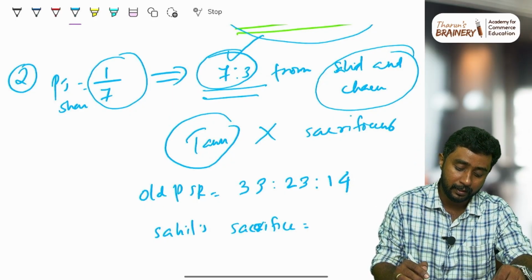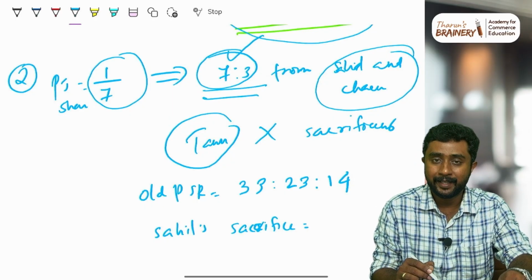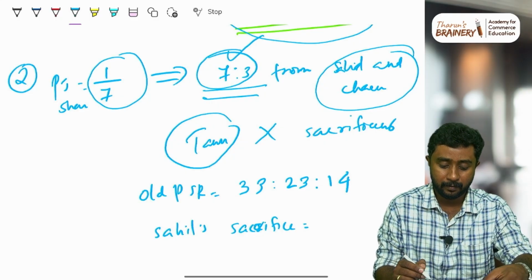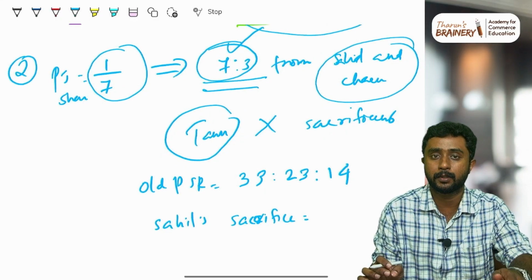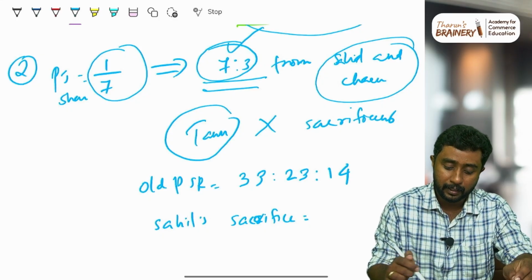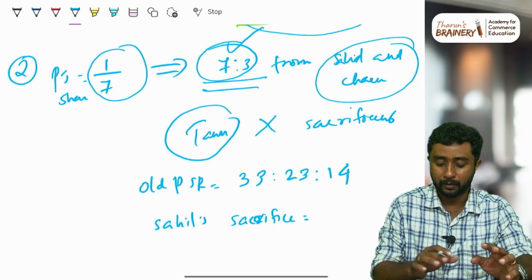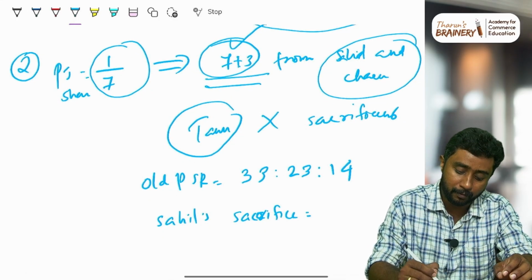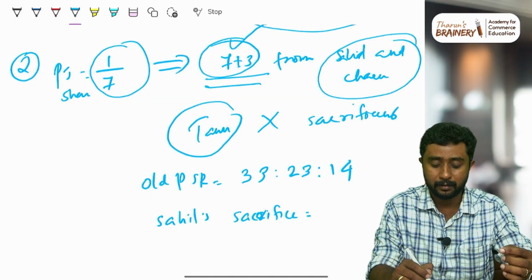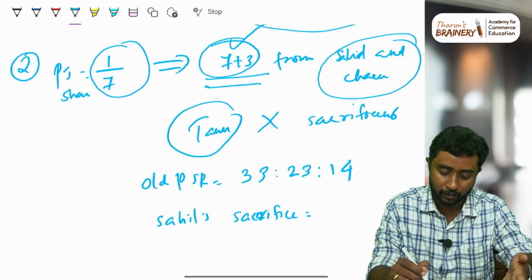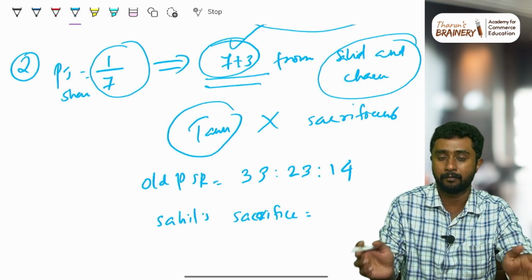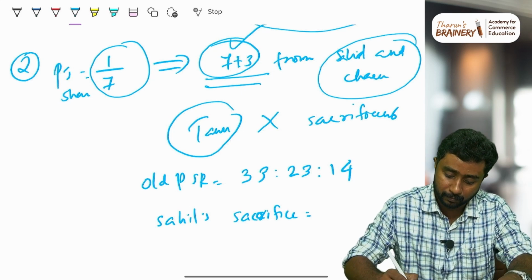That means totally Puneet is getting 1 by 7 share. Out of this 1 by 7 share, which is the total share he is getting, the share is divided into 10 parts. In that, 7 parts are given by Sahil and 3 parts are contributed, or sacrificed, by Charu.